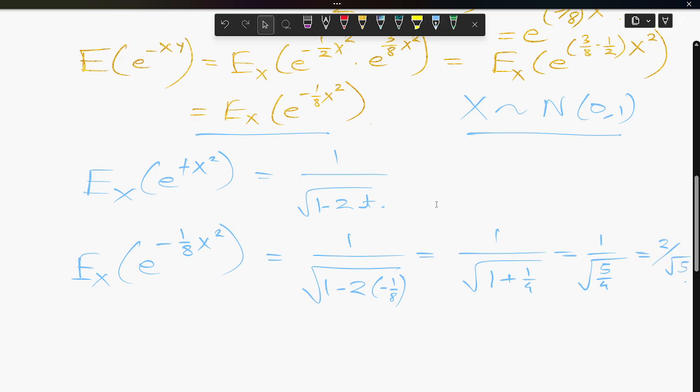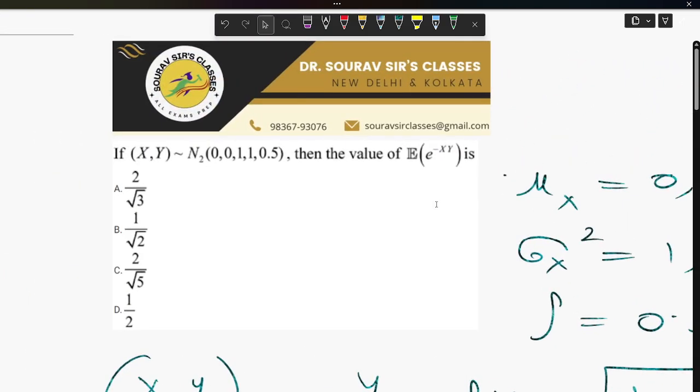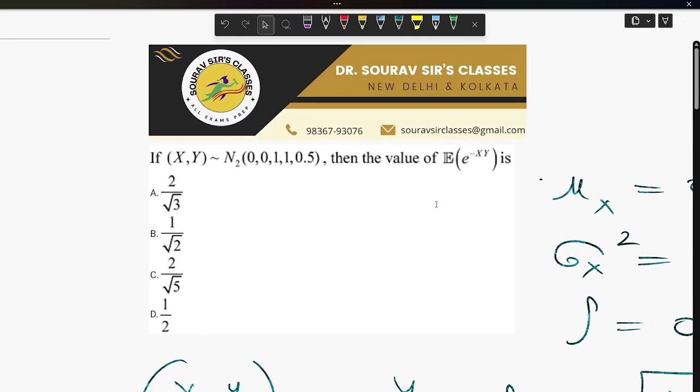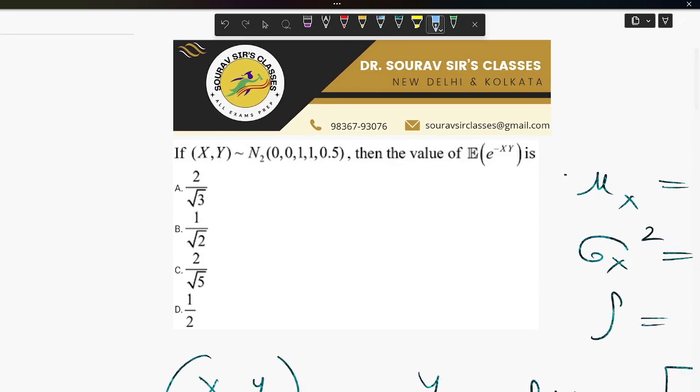Okay, so this is the correct answer of this question. The correct answer is option C, which tells us that the expectation of e to the power minus XY is 2 by root 5.